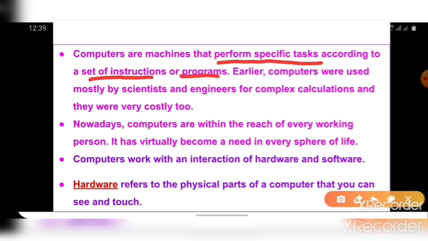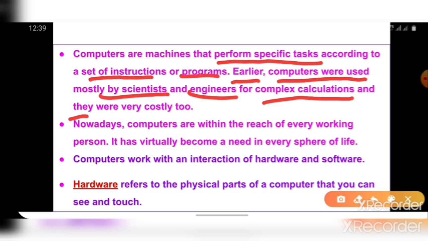Back in the earlier days, computers were used mostly by scientists and engineers for complex calculations, and that is the reason they were very costly during those times. But nowadays computers are well within reach of every working person.